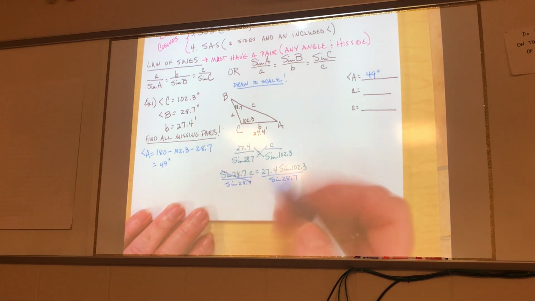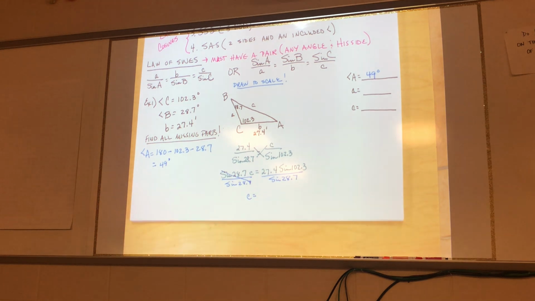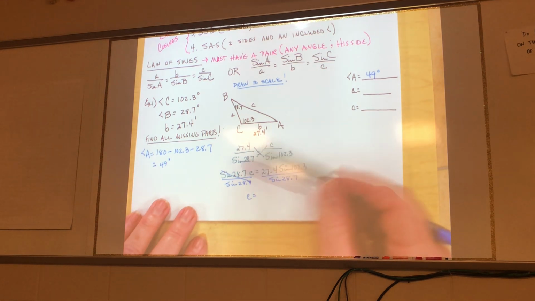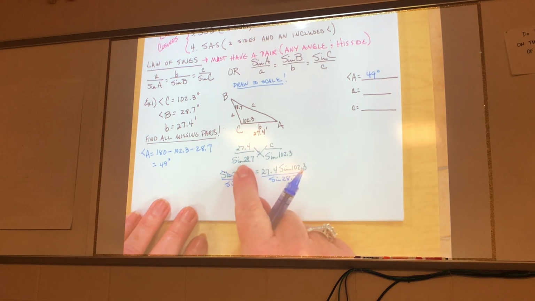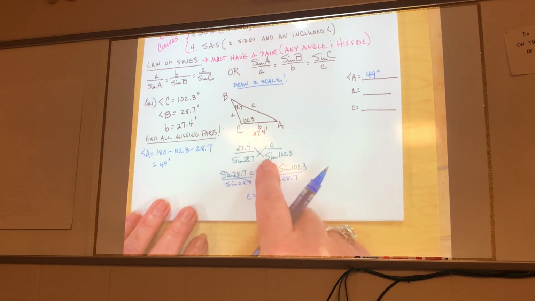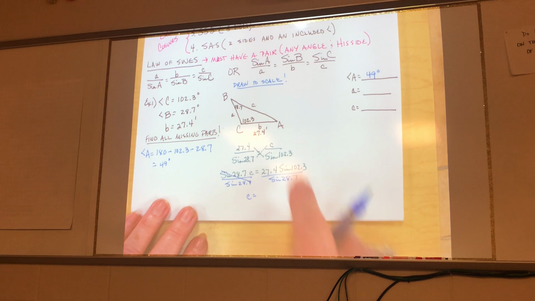These cancel out. C is equal to. All I did was cross multiply. I cross multiplied right here and got the sine of 28.7 times C, and right here and got 27.4 times the sine of 102.3.